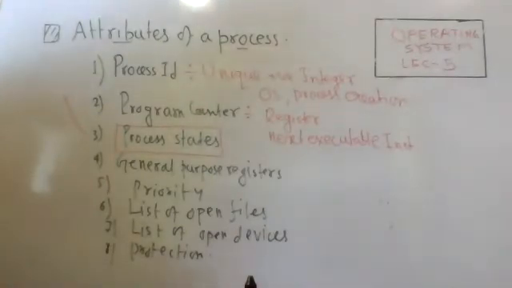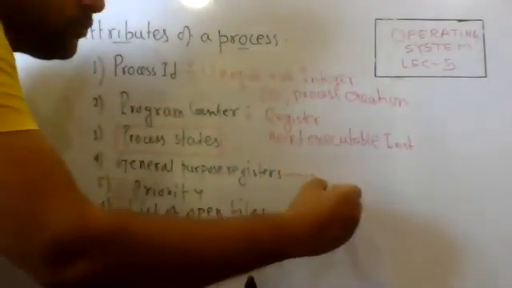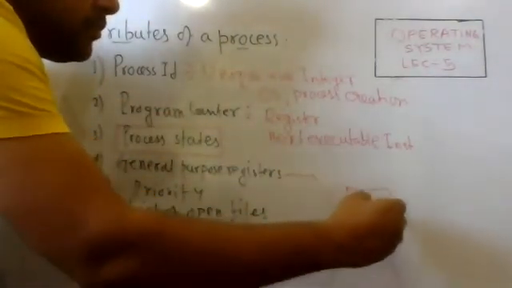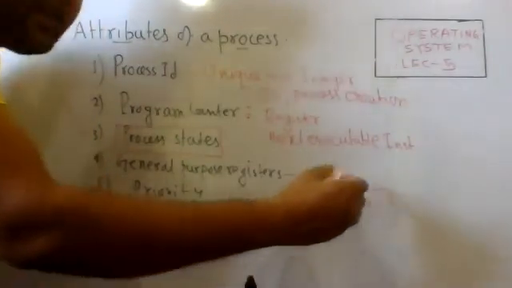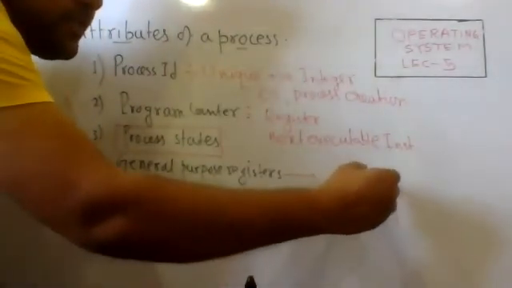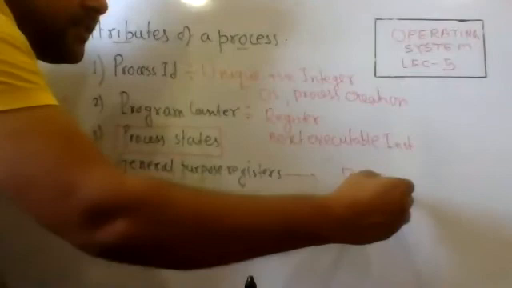Now general purpose register. So what is this? Basically, suppose we have a CPU and here we have so many general purpose registers.